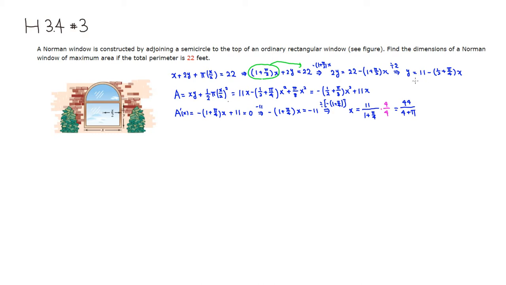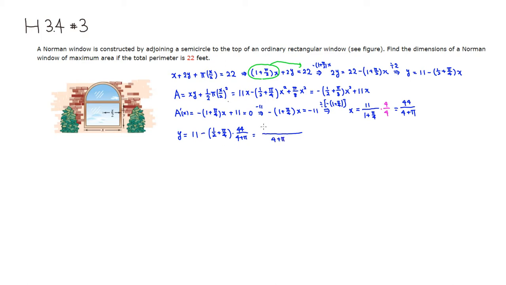And if you want y, there's a formula there. So you have y is equal to 11 minus 1/2 plus pi over 4, and then you're going to multiply by x, which is 44 over 4 plus pi. So this is going to be equal to, let's take the common denominator 4 plus pi.